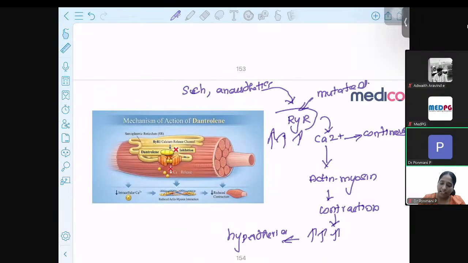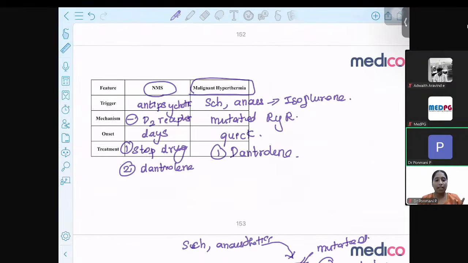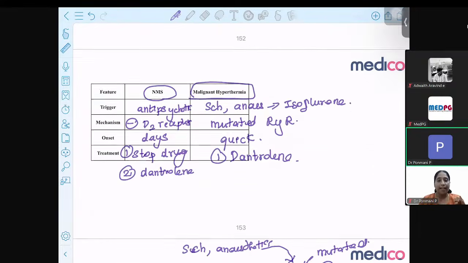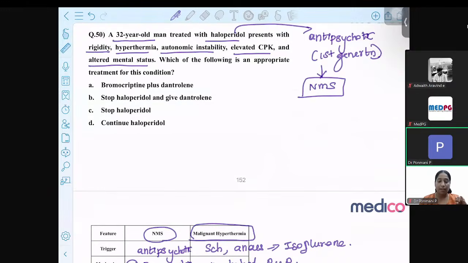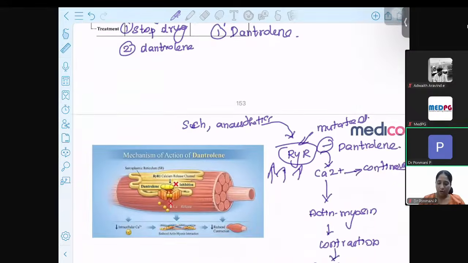Dantrolene inhibits this ryanodine receptor, and hence the calcium release is inhibited. So dantrolene is the drug of choice for two conditions, neuroleptic malignant syndrome and malignant hyperthermia. So how are we going to treat the neuroleptic malignant syndrome here? We are going to stop haloperidol and give dantrolene. So the correct option is stop haloperidol and give dantrolene.